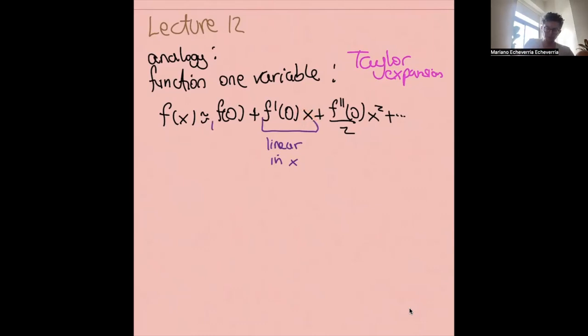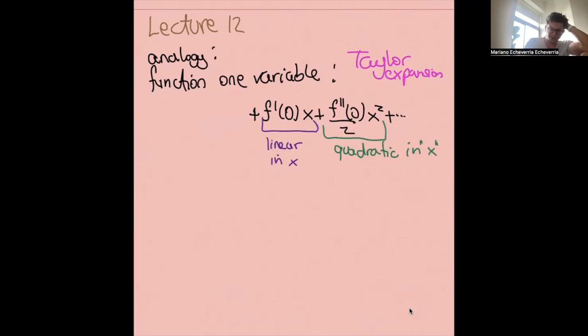This is quadratic in x, because it's literally x squared. And the first term, x is not present. It looks weird to write it this way, but maybe better for the analogy purposes, you could put x to the 0.